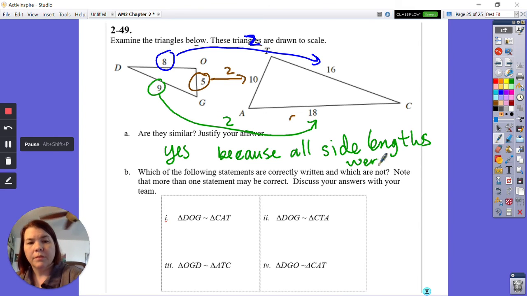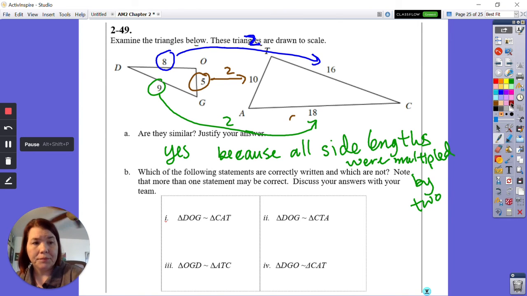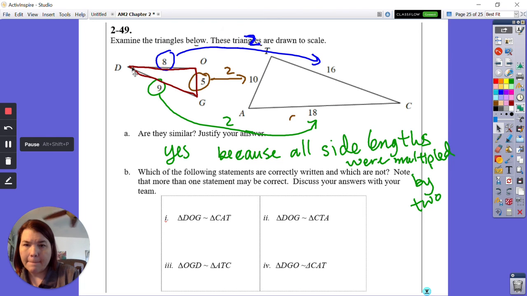I can also trace this shape and move it. Not like that. Move it, not the rest of it. Okay, hopefully I just have it. Yes, move it. Now, I'm going to have to flip it.